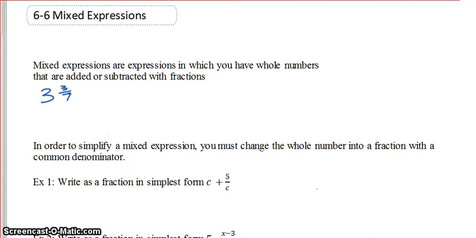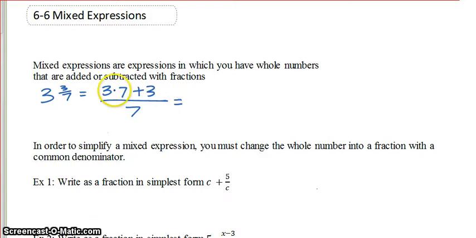So hopefully you remember that you need to multiply that big number by the denominator, because you're going to need 3 times 7, which is 21. 21/7 is 3. So what you're going to do is multiply those together. So you're going to say 3 times 7, and then you're going to be adding the 3 afterward, and then it's all going to be over 7.